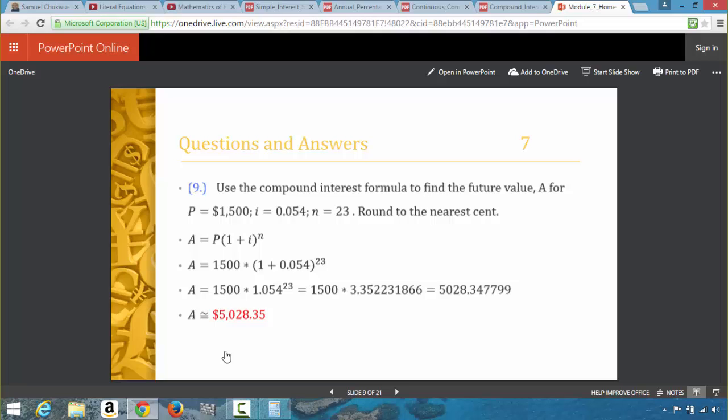Okay, when you plug in, when you substitute. I said plug in. Plug in is the common word, but substitute is the mathematics word. When you substitute the values for these variables, you do this first. You see the way I'm doing it.